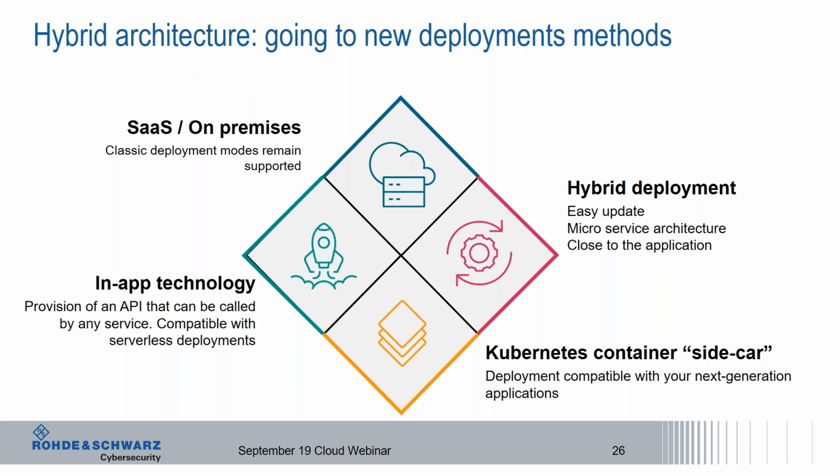So it means being able to secure not only the public API traffic, but all the container-to-container communication, all the internal API communication inside your applications. And in-app technology, so we provide an API that you can query directly through code as a DevOps.